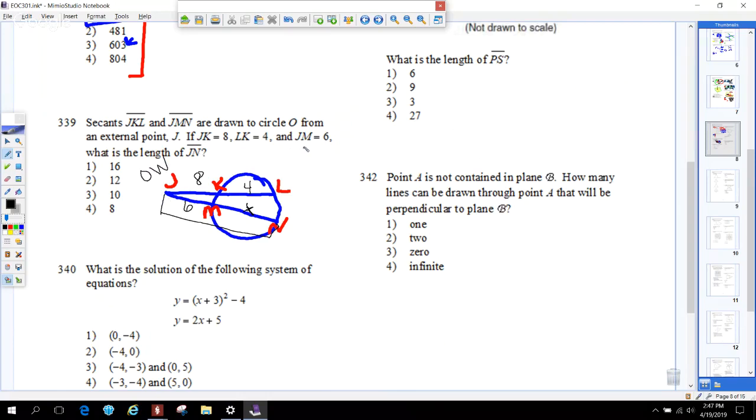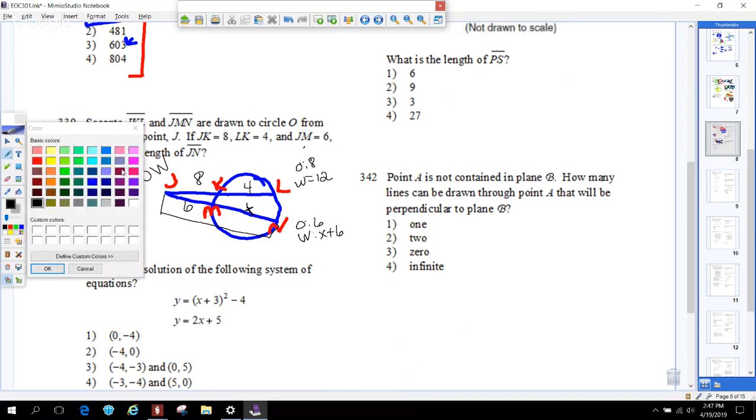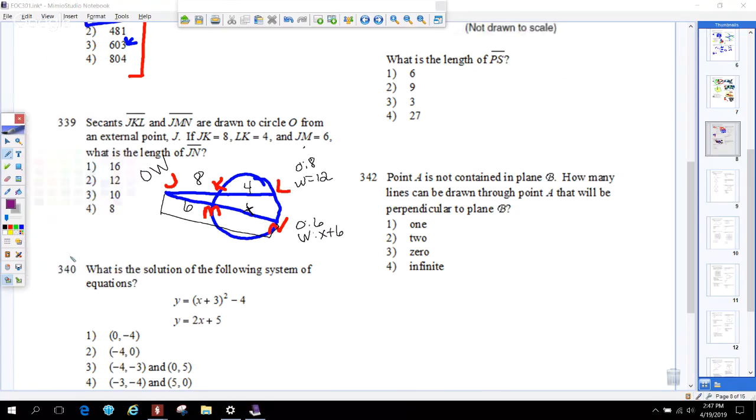This is an OW problem. Outside times whole equals outside times whole. So for JL, my outside piece is 8. My entire piece is 12. For JN, my outside piece is 6. My entire piece is X plus 6. Now, all I need to do is multiply and set them equal to each other.